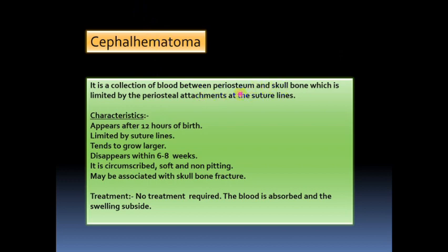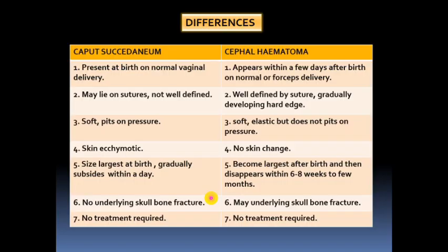It usually occurs within 12 hours after birth and may last about 6 to 8 weeks after delivery, and it is usually limited by the suture lines. Although it is soft, it is not pitting, and it may indicate an underlying skull bone fracture. It requires no treatment, and usually the blood absorbs spontaneously and the swelling subsides spontaneously.